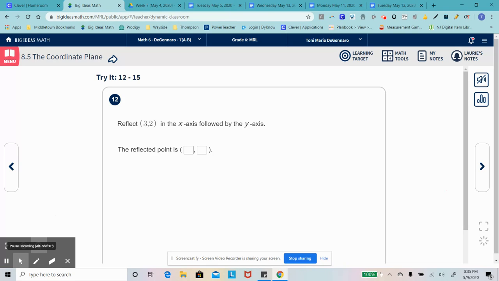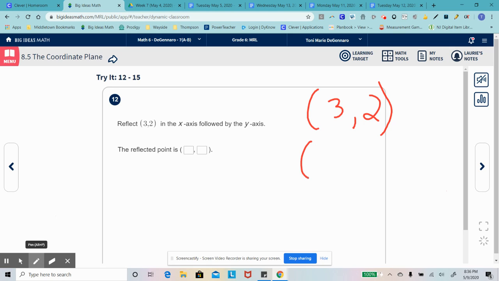So they start you with 3, 2, and then they say reflect 3, 2 in the x-axis followed by the y-axis. So sometimes they're going to say both of them, but doing it separately. So if they're saying x-axis first, you need to change just the y.